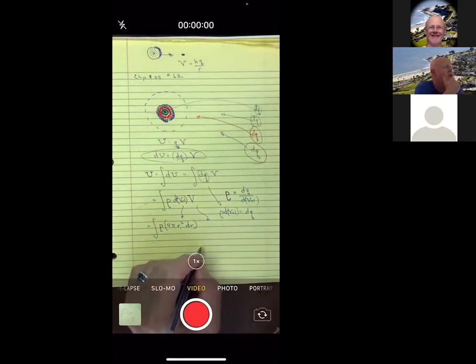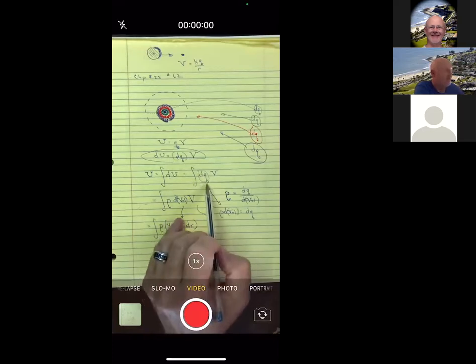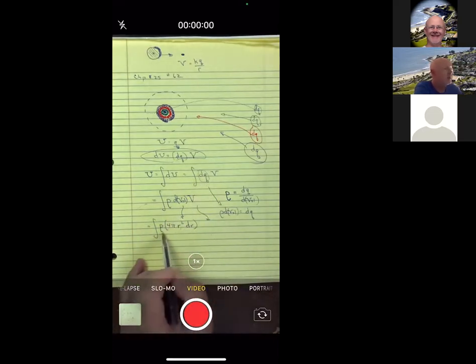I'm just looking at their suggestion: imagine the sphere as constructed of successive layers of concentric shells, which have a charge of this. Okay, so that's what I got. And I guess that's all the hint they gave.